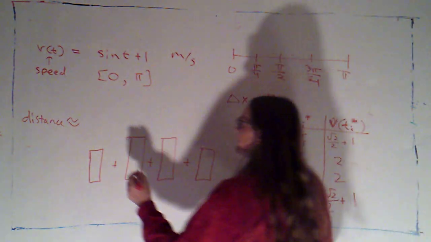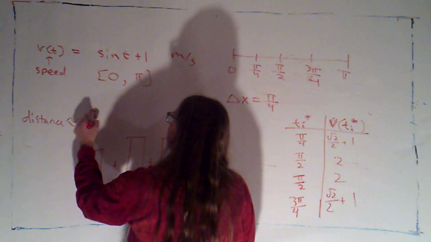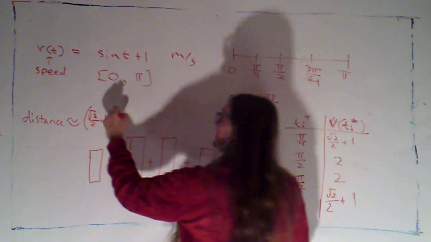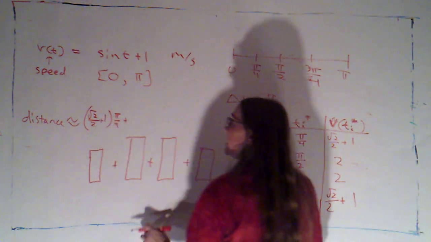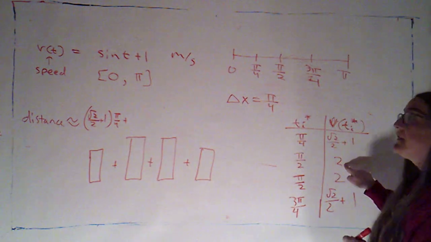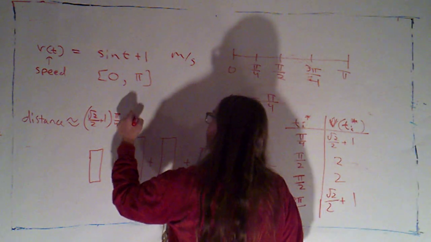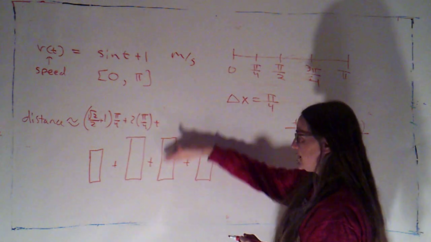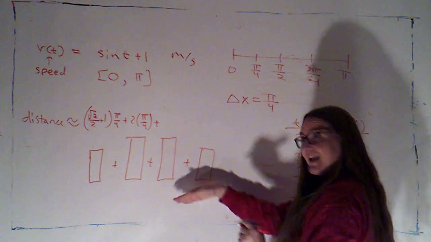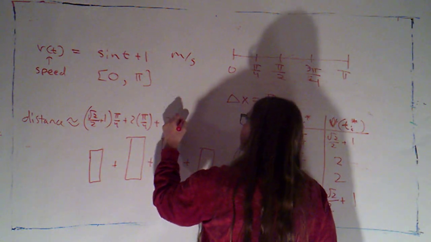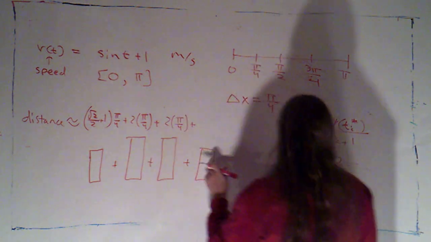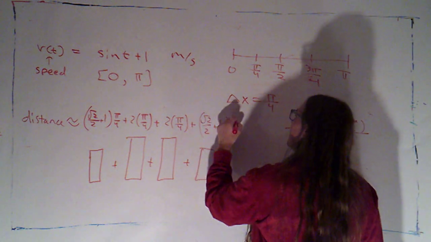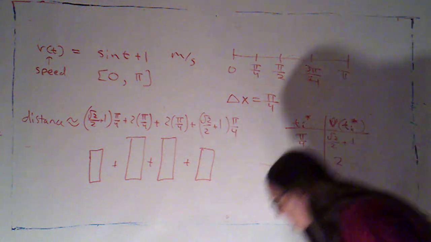So this one was root 2 over 2 plus 1 times the length of time, which was pi over 4, plus this one, the speed was 2 times pi over 4. This one, the speed, which we're representing as the height of this rectangle, was also 2 times pi over 4. And this last one, the speed, was root 2 over 2 plus 1, all times pi over 4.